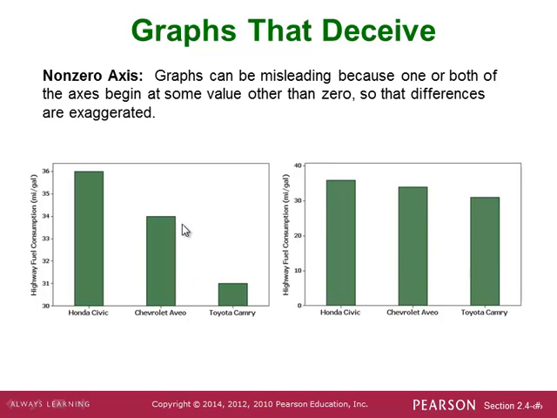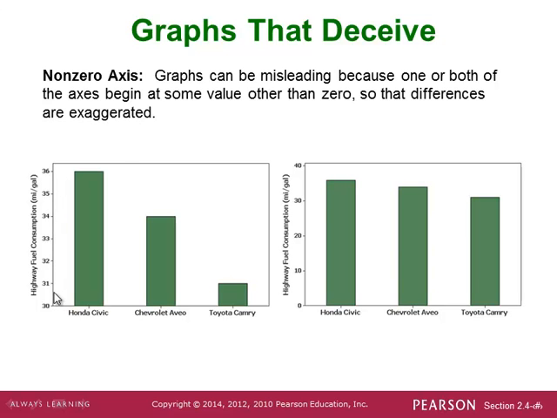Now, if you change the scaling, you can really exaggerate, or on the other side of the coin, you could attempt to do the opposite of exaggerating, kind of more like gloss over differences.